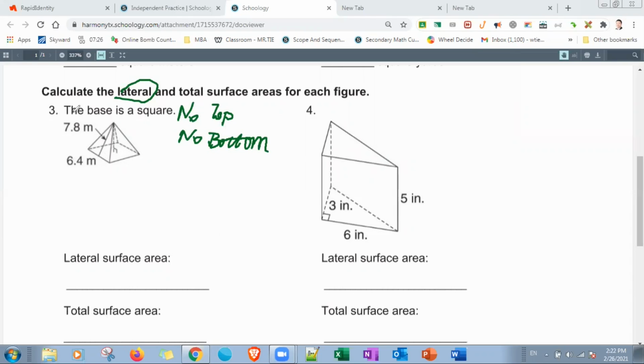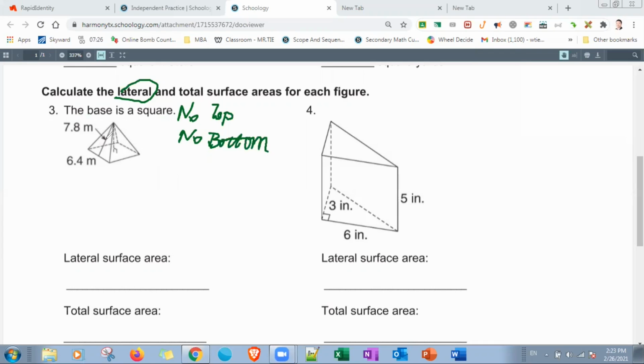Note, this is a square pyramid. You've got to know the name, right? Square pyramid. So if you find the lateral area, just no top, no bottom. Since the top is this point, I already have no top, but it does have a bottom. So we just don't count the bottom.